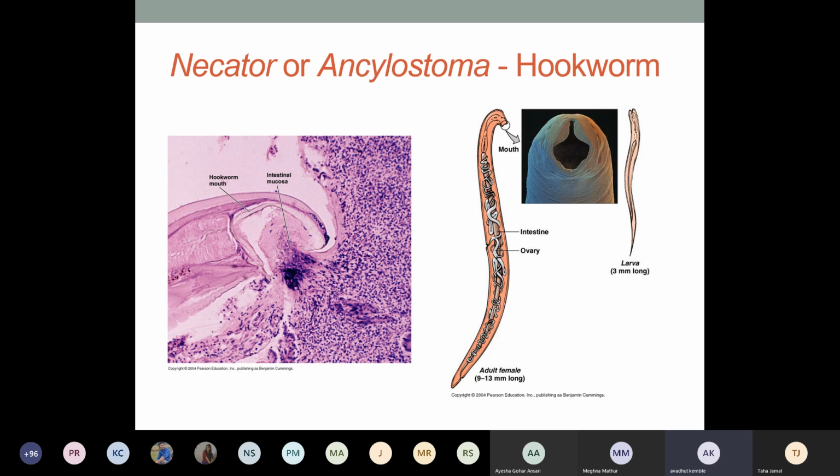Ancylostoma is the hookworm, and the most common is Ancylostoma duodenale, which sticks into the duodenum. It hooks itself into the mucosa of the duodenum, hence it is called a hookworm.